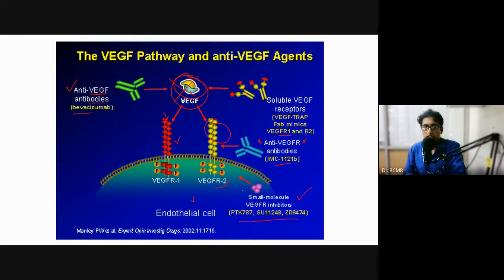Small molecules can act on the inside of the VEGF receptors. Even though VEGF is bound here, it will prevent phosphorylation or the post-translational modification, or block the binding of the substrates to it, thereby preventing the angiogenesis.